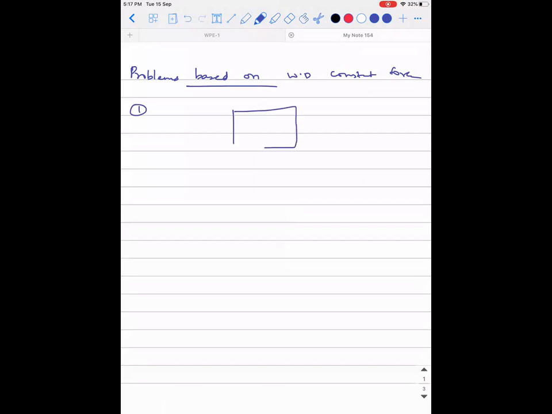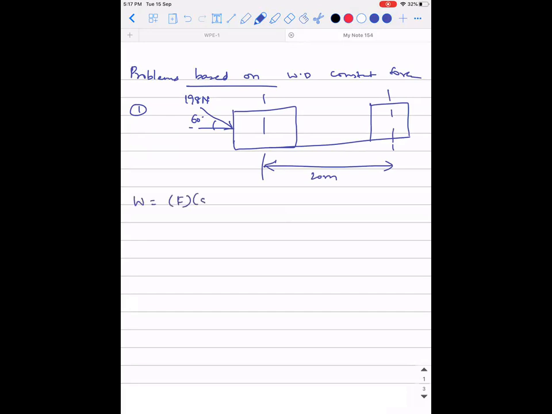A lawn roller is being pushed with a force of 198 Newton at an angle 60 degrees with the ground, and he is able to push through 20 meters. Now tell me what is the work done? Work done is F S cos theta. So the force he is applying is 198, S is 20.